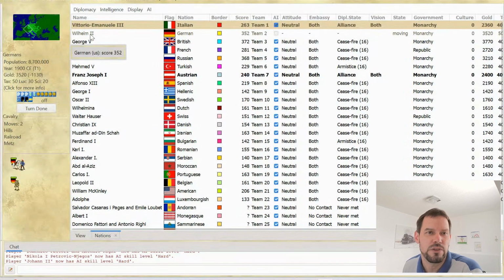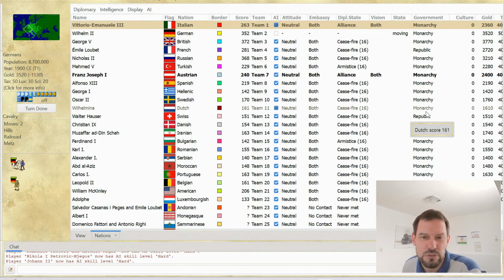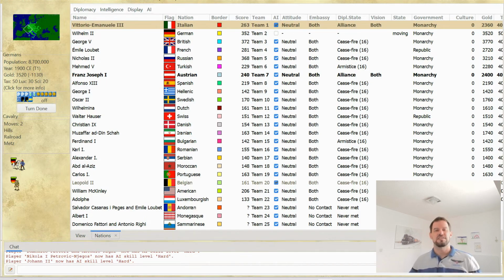But first, let's have a look at the nations that we have here. As of today, we are Wilhelm II, and we are a monarchy, and the only republic in Europe is France. Okay, sorry, there are other republics, or at least one republic as well. And we see we have here a despotism, a state form which means they have less income.